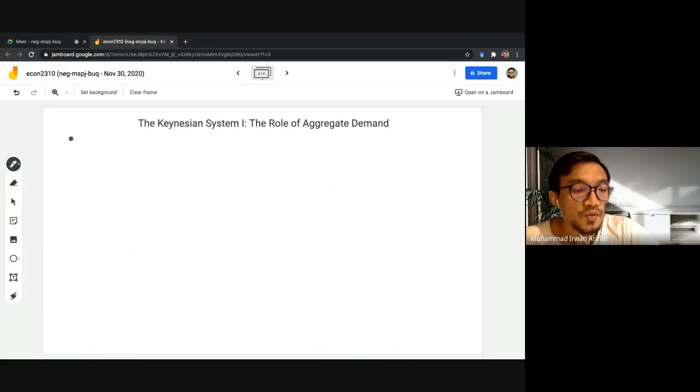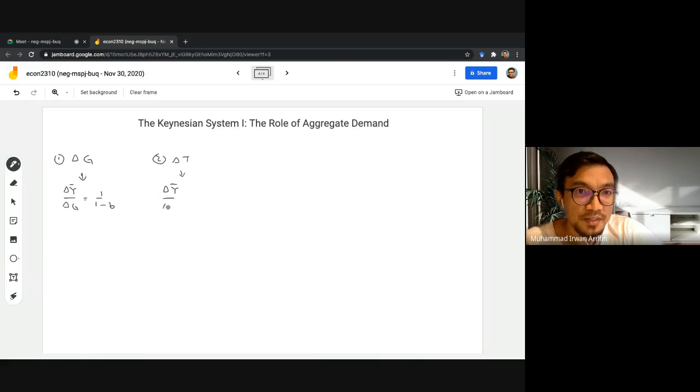From our previous discussion, we have a change in government expenditure, which is measured by the government expenditure multiplier, delta Y over delta G equals 1 over 1 minus B, while the change in tax is represented by the tax multiplier, delta Y over delta T equals negative B over 1 minus B.